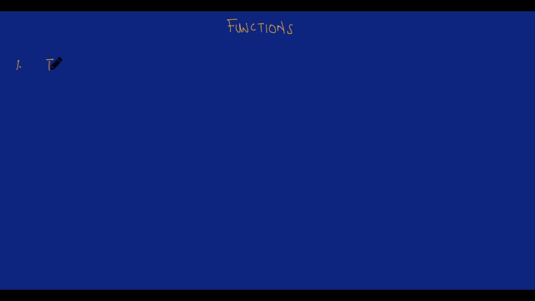So we have to identify whether each of the following functions are even, odd, or neither of them.